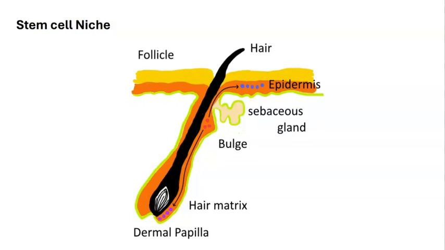And then let's take a look at another stem cell niche where we have hair follicles, which is a surprising location for stem cells. We have here in black the hair structure itself, and down at the base of this structure is the dermal papilla where the hair will grow.